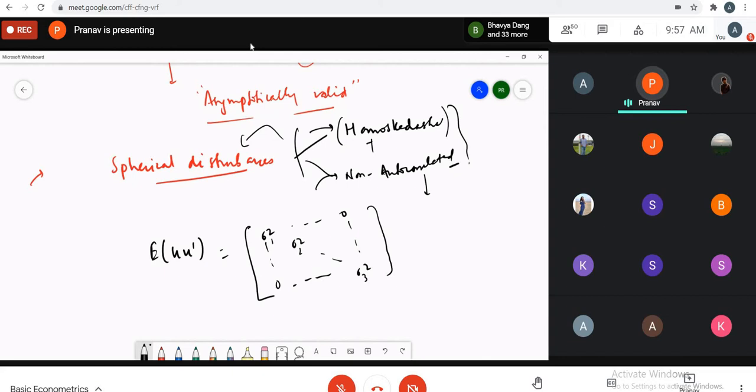Or in most time series applications, you have violation of non-autocorrelated error disturbances, and this is quite obvious as well. In time series, you have observations that are recorded on a specific date or a specific time, whether daily, yearly, second-wise, minute-wise, millisecond-wise, but they're recorded at discrete units of time.